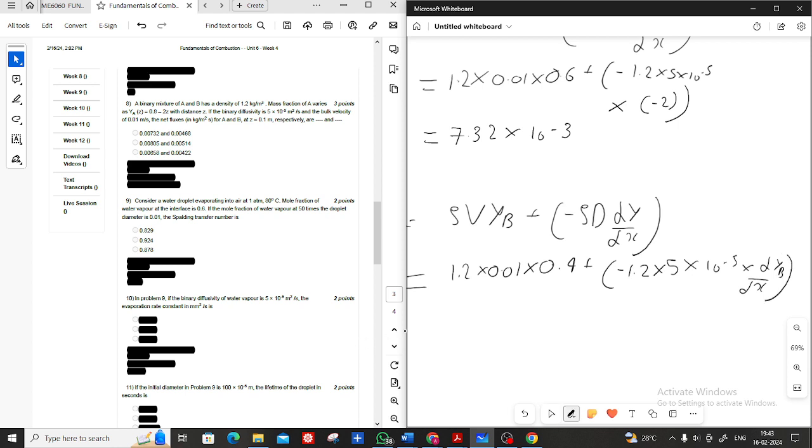Now you just calculate 1.2 into 0.01 into 0.4 minus 1.2 into 5 into 10 to the power minus 5 into dYb by dx.